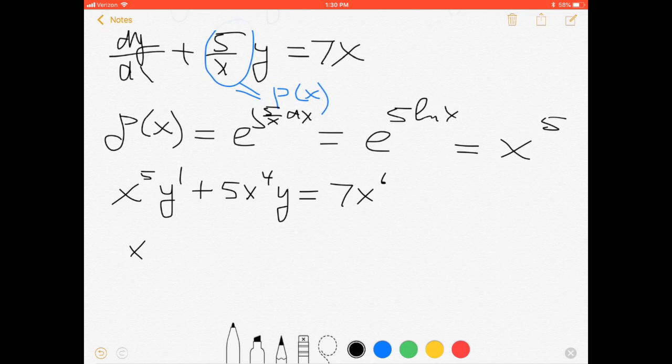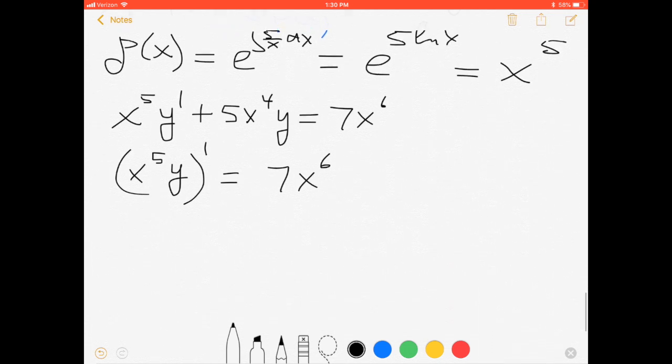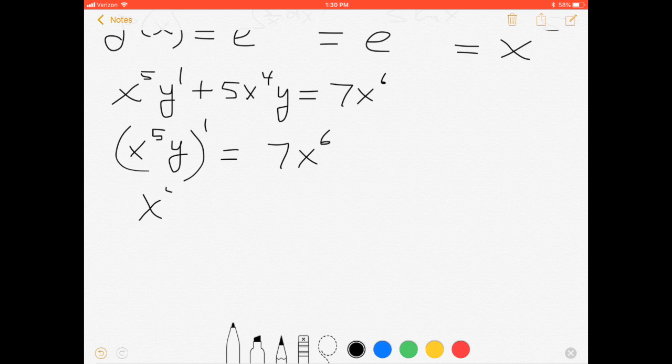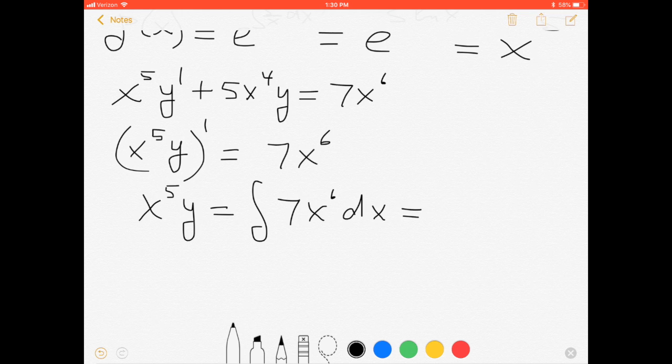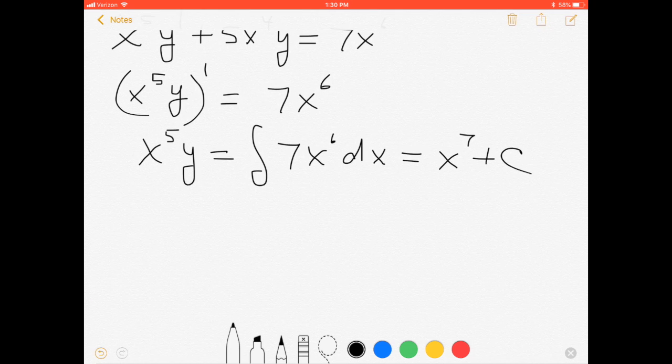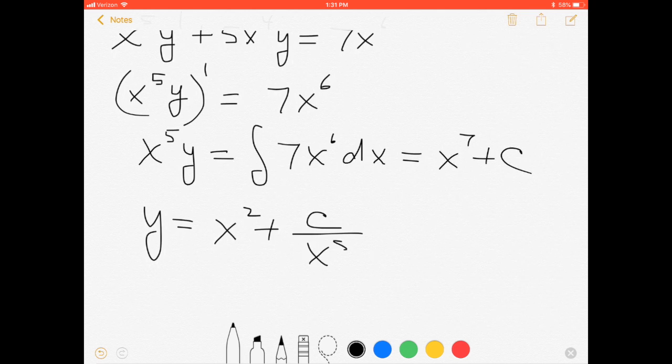This means here you have the derivative of x to the 5th y equals 7x to the 6th. This means x to the 5th y equals the integral of 7x to the 6th dx, which gives us x to the 7th plus c. This means y equals x squared plus c over x to the 5th.